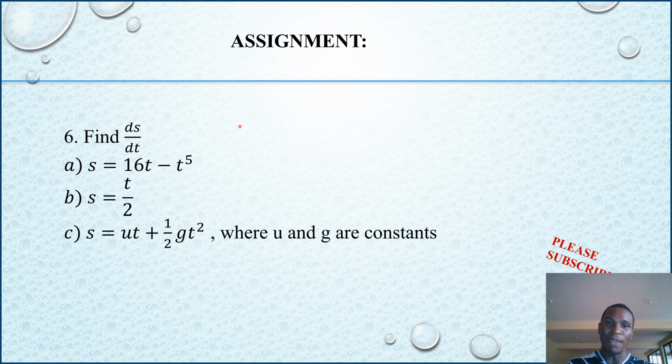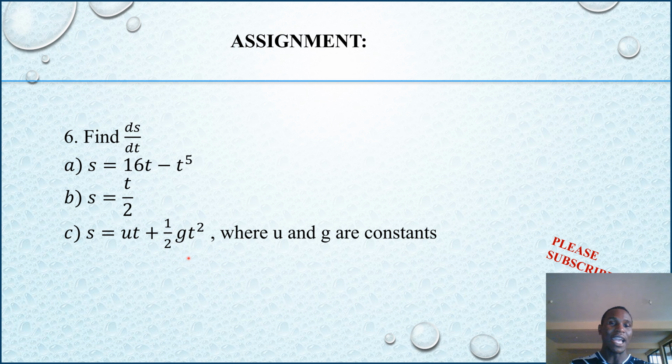If you write s prime, you are wrong, because that notation applies only when the independent variable is x. I want to see this notation, ds/dt. Our independent variable is t and our dependent variable is s. So that's why I have to write ds/dt.